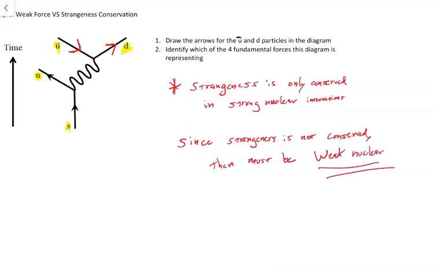So when the strangeness is not conserved, let's highlight that, then it must be the weak nuclear. And so this must have a W or a Z, and a W plus or W minus. If we looked at the quark composition and the charge in the U and the D and the S, we'd be able to identify that.